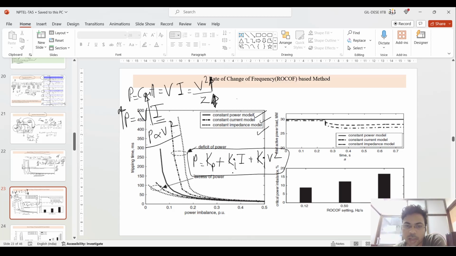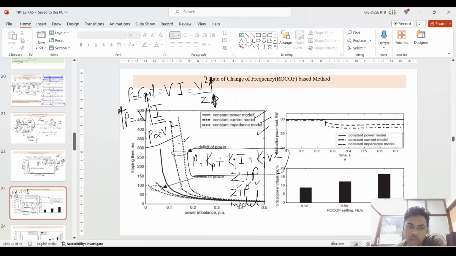Okay, this is basically the situation. This is known as the ZIP model, that is the impedance, current, power based load modeling, the ZIP model. In this situation also, your ROCOF will vary.